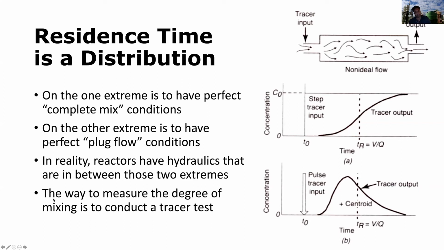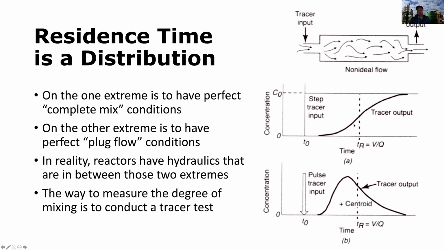For design purposes, sometimes we might assume complete mix or we might assume plug flow, and that will give us a good enough value in some cases. But in other cases, we might want to perform a tracer test in order to determine the exact degree of mixing and use the data from that tracer test to improve our design.